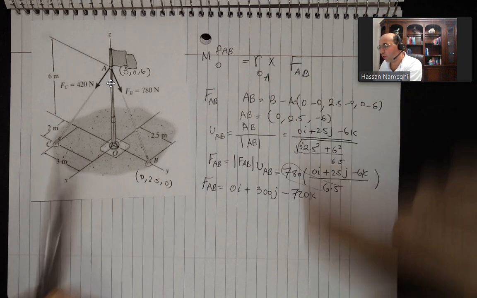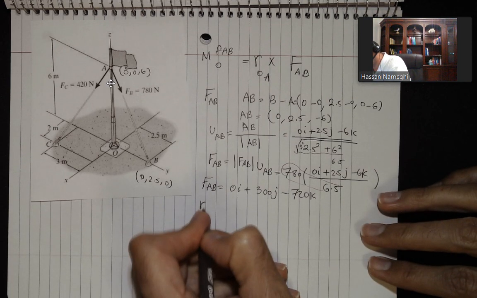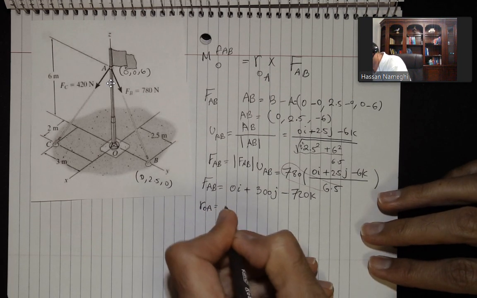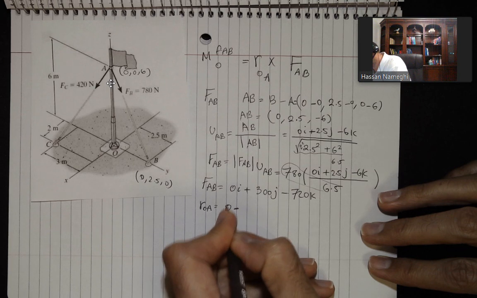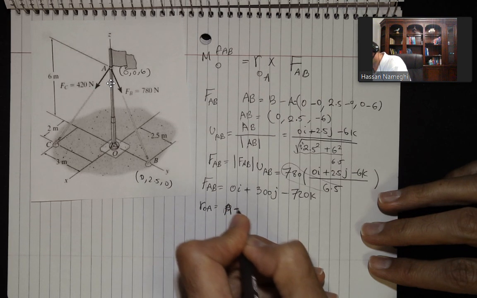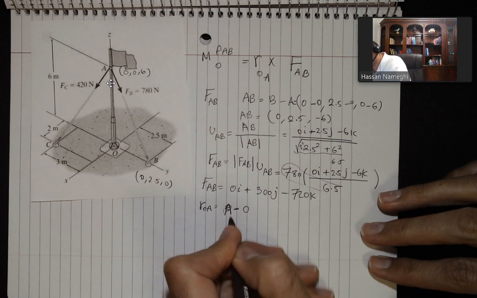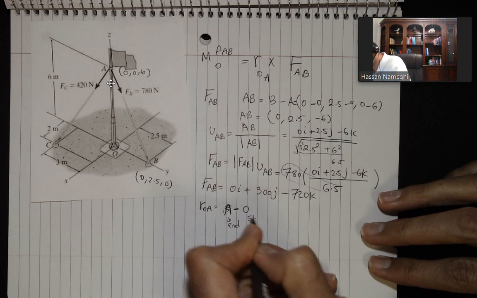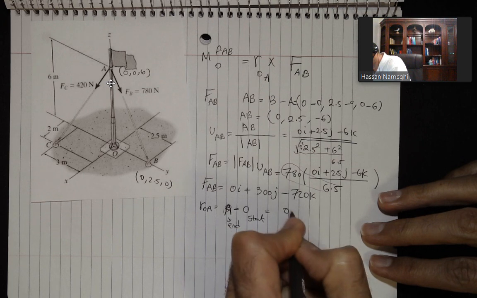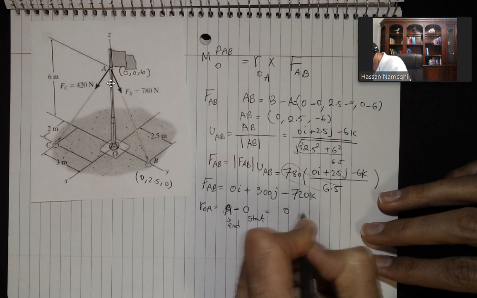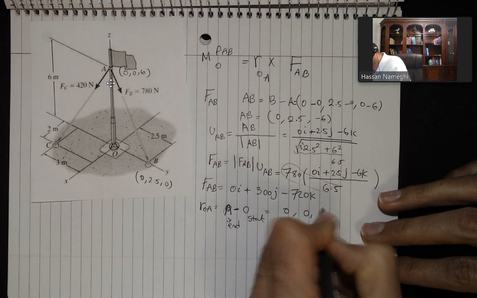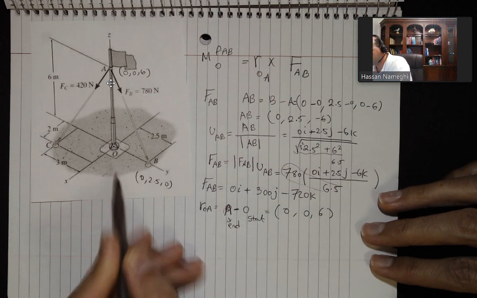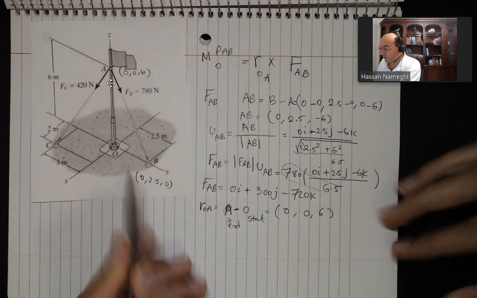I need to find ROA. ROA is equal to A minus O. Remember, always end minus beginning, end minus start. In this case it will be 0, 0, 6. Again, O is 0, 0, 0. So I have these two.